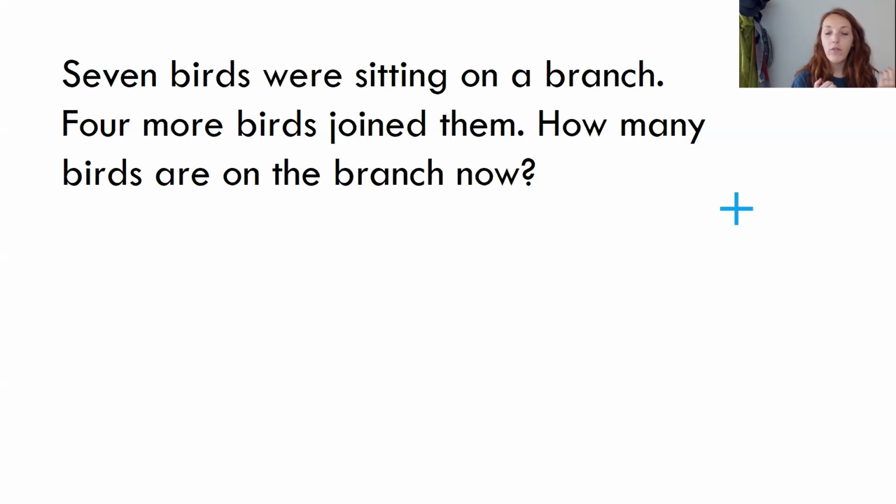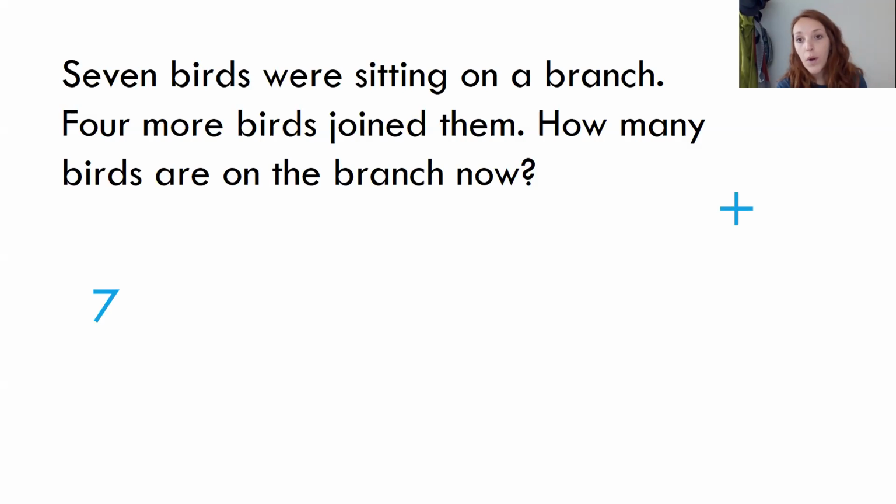So now that we've planned what we're going to do, we are going to be adding, we're going to be joining. We need to write our number sentence. So how many birds were there to begin with? 7. Okay, and then how many birds joined them? 4.